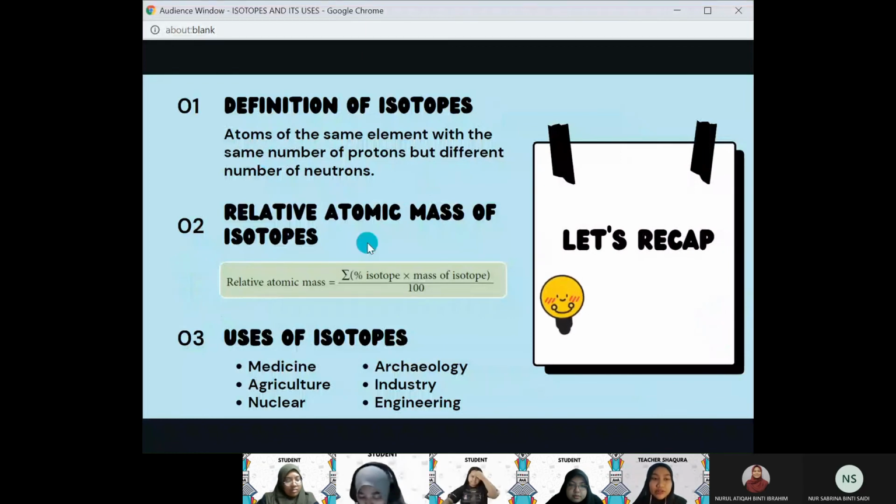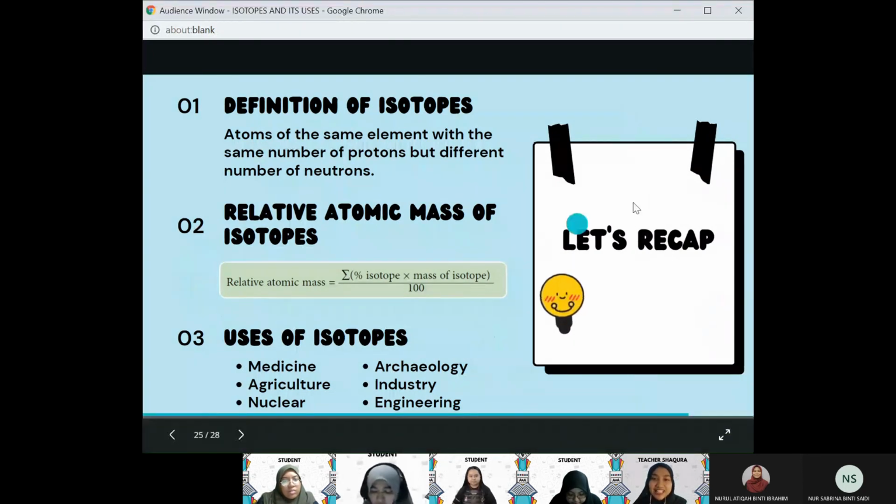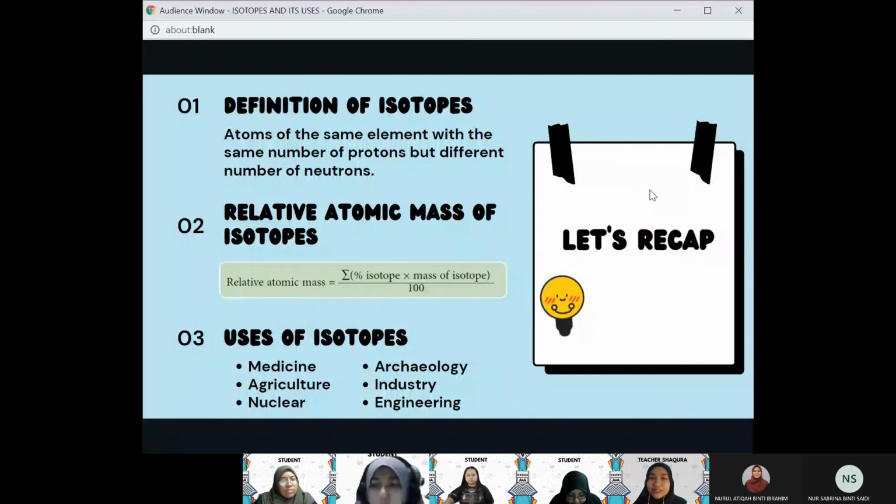Second, we have looked into the relative atomic mass of isotopes, of which the formula is the sum of percentage of isotope times mass of isotope divided by 100. And lastly, we have looked into the uses of isotopes in medicine, agriculture, nuclear, archaeology, industry, and also engineering. So far, do you have any questions? No, Miss.